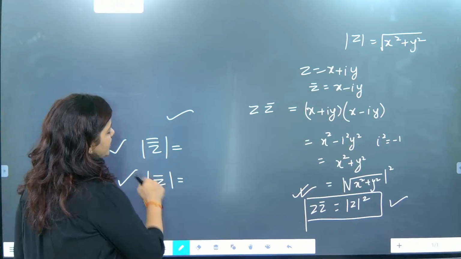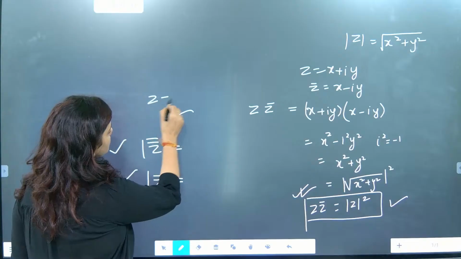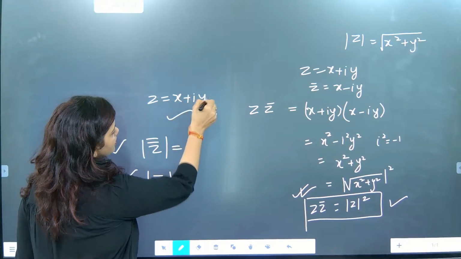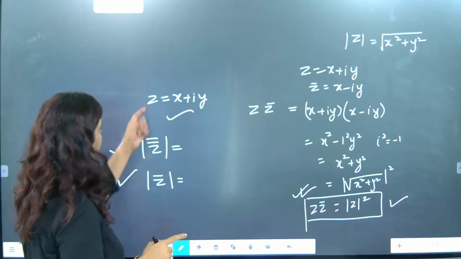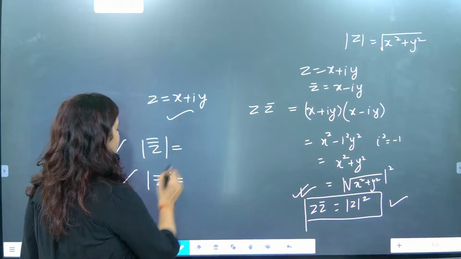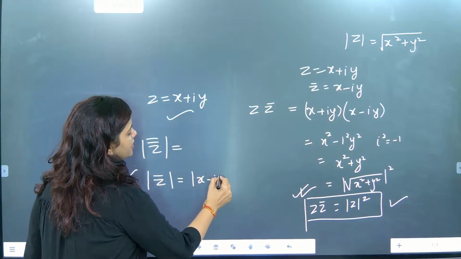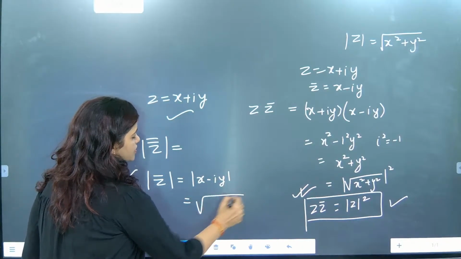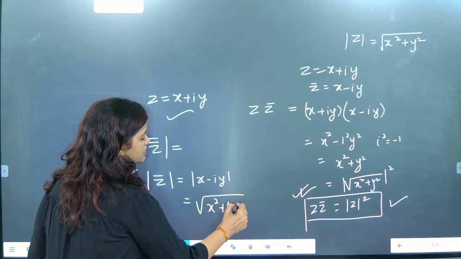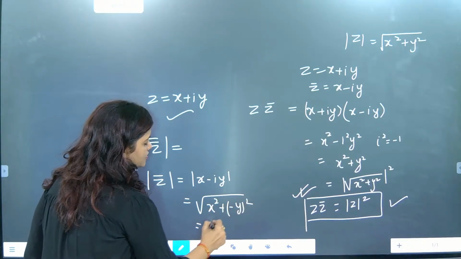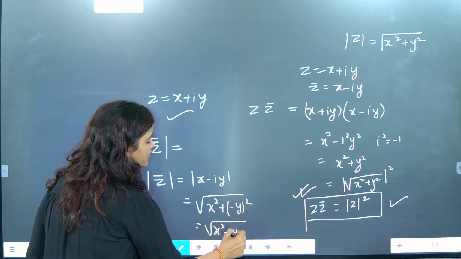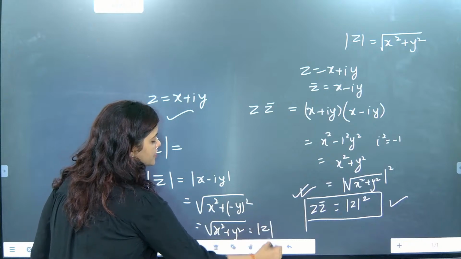When you are writing z is equal to x plus iy, the moment you take the modulus of the conjugate, it will become x minus iy. So will anything change? No change. Square will make it positive. So it will give you the modulus of z itself.